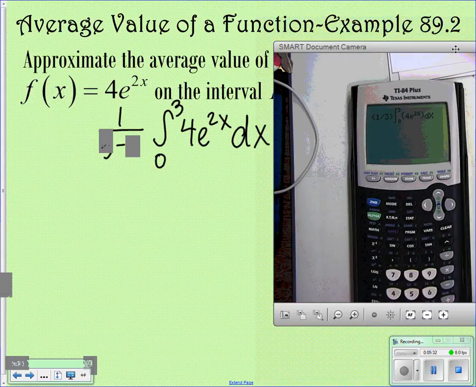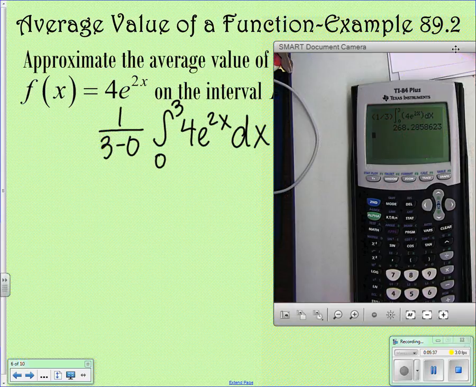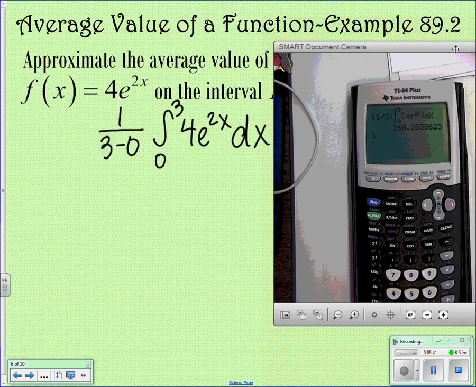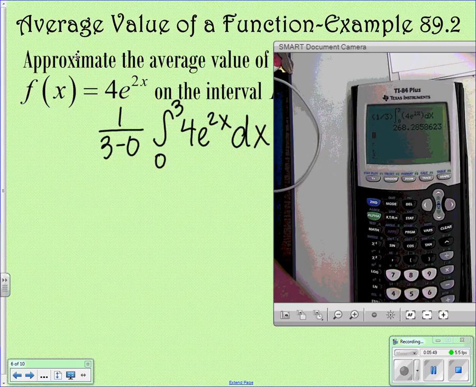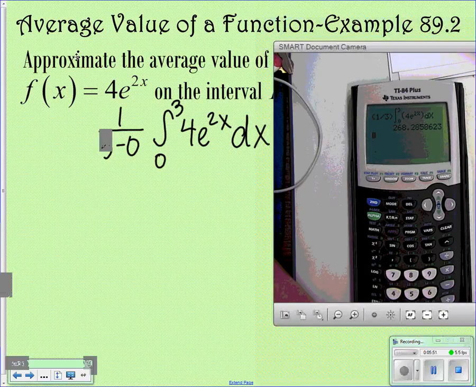If you use your calculator, you should get the same number I get, about 268.2859. And that's how you would do that one. You only got to use the calculator because it said approximate right here. If it had said to find the average value and it didn't say approximate, you would need to integrate it by hand and then leave it in terms of e.